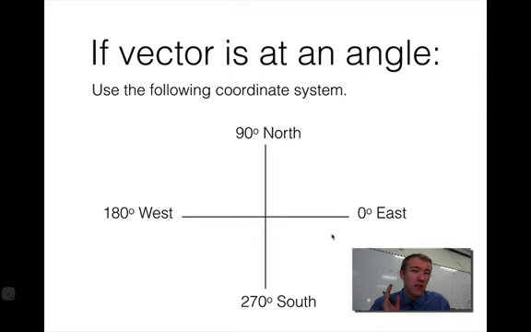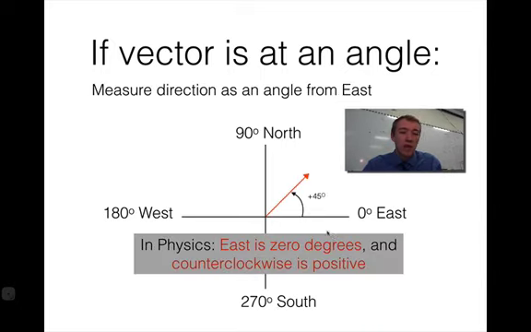If you moved at a direction of 45 degrees, that's a positive 45 degrees from east. So in physics class, we always think of east as being 0 degrees, and positive is counterclockwise from that. I think if you use a compass, 0 degrees is north. In physics class, we're going to do it a little differently. East is 0 degrees, and positive is counterclockwise from that.